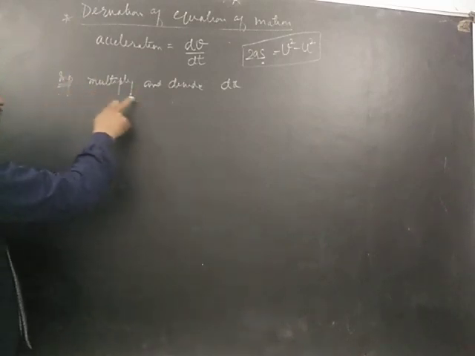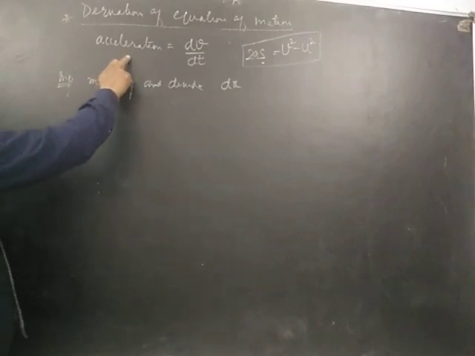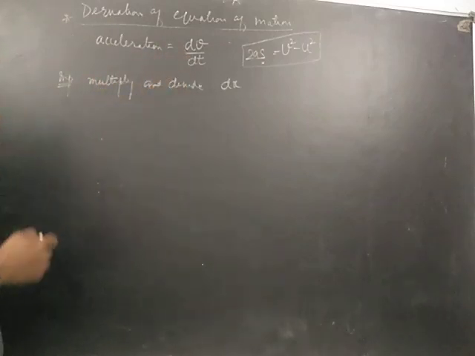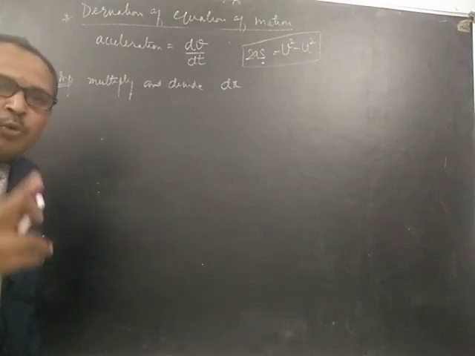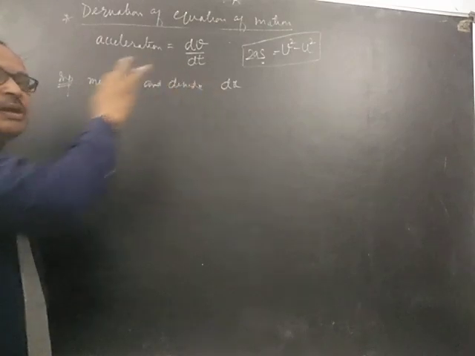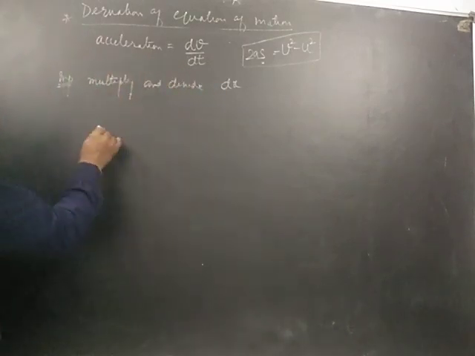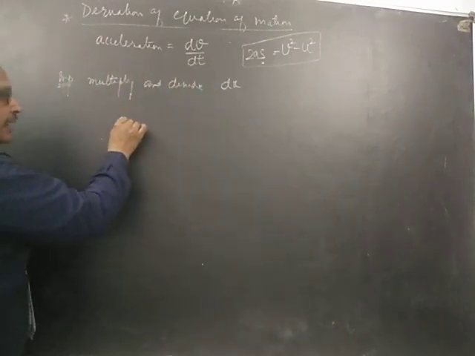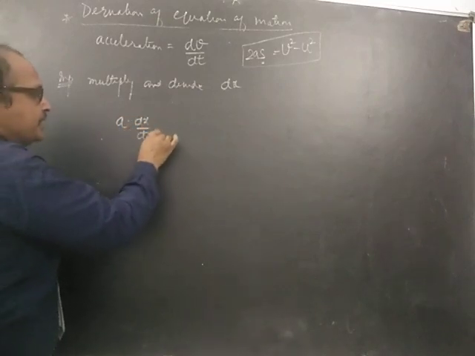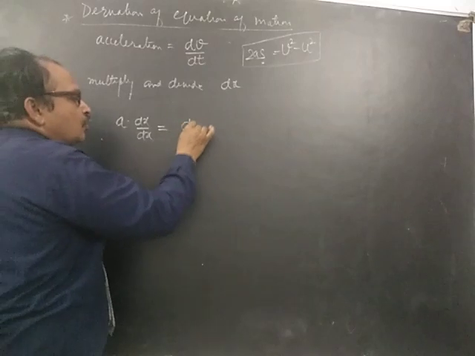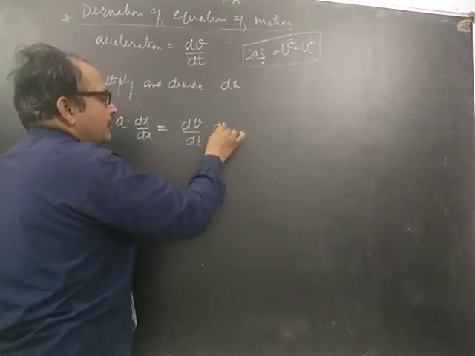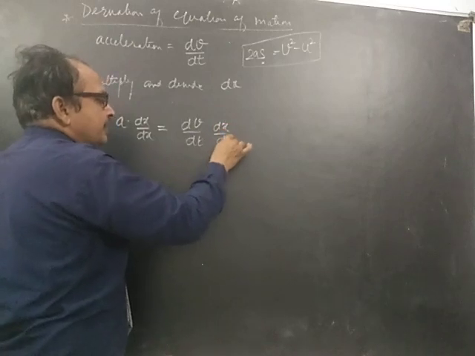This step you have to remember that after writing a is equal to dv by dt, we have to multiply both sides by dx and divide also by dx. So what will happen? A into dx by dx is equal to dv by dt into dx by dx.